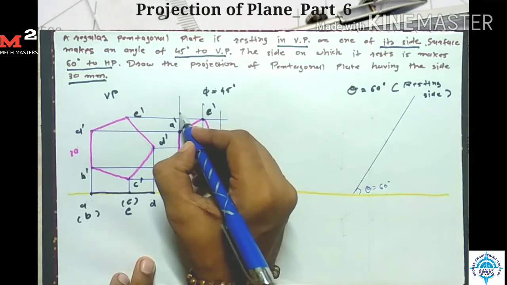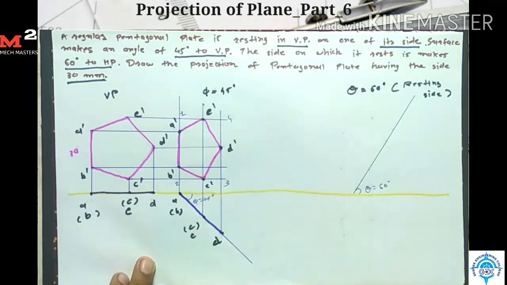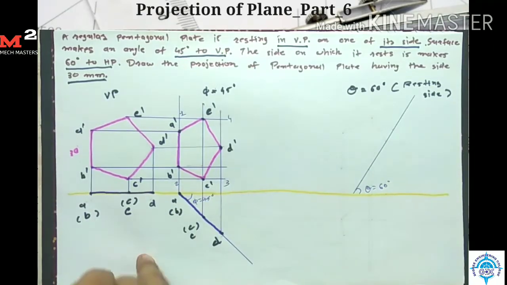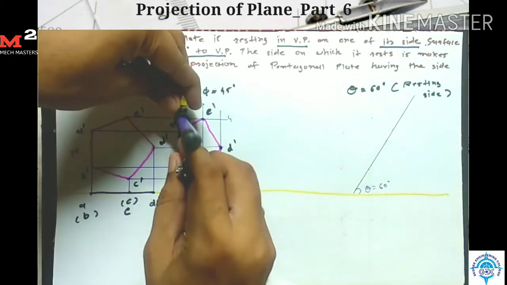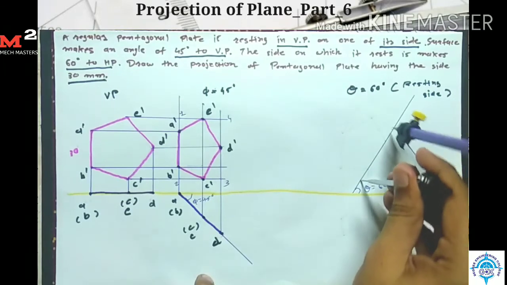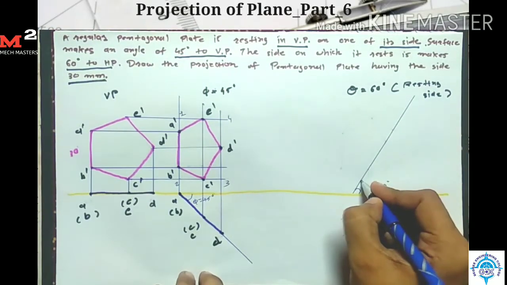I give the names 1, 2, 3, 4. Okay, so first I draw this rectangle here. For that I measure the distance 2 to 1, or 1 to 2, here, and draw one arc here. Okay, so here I get my 2 points.